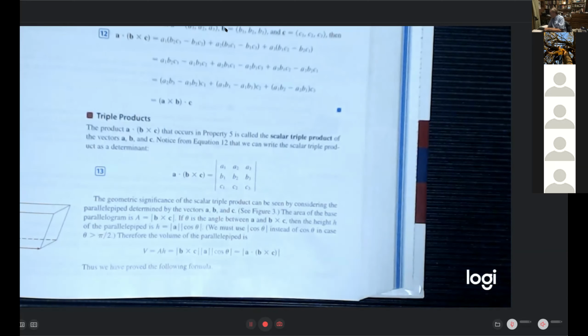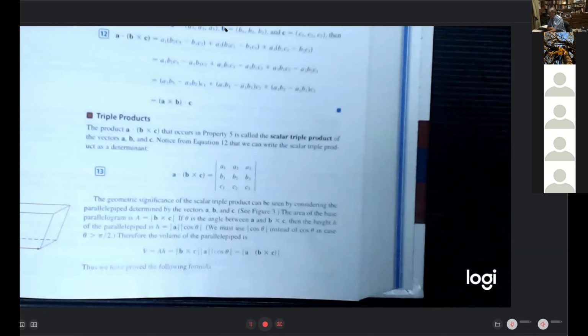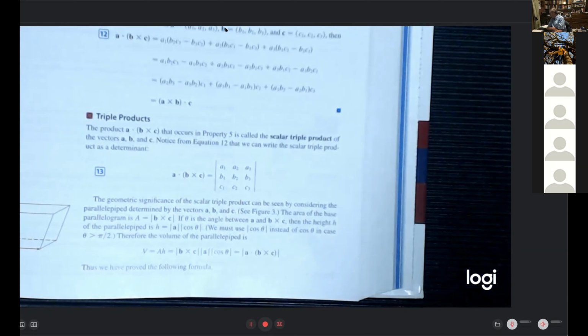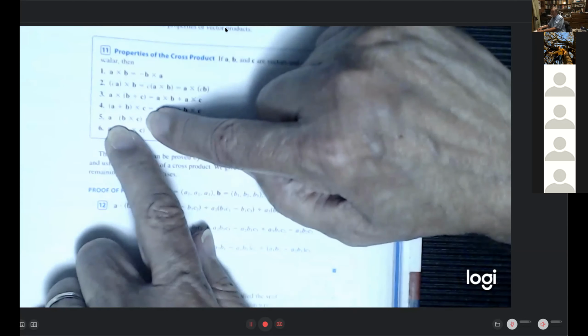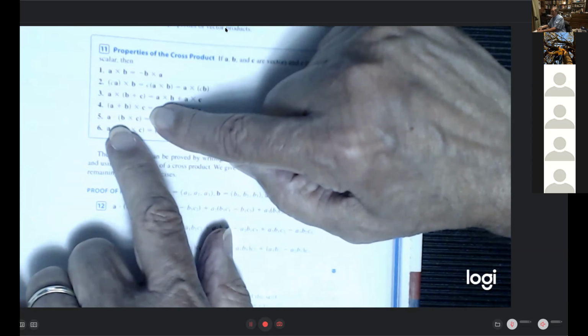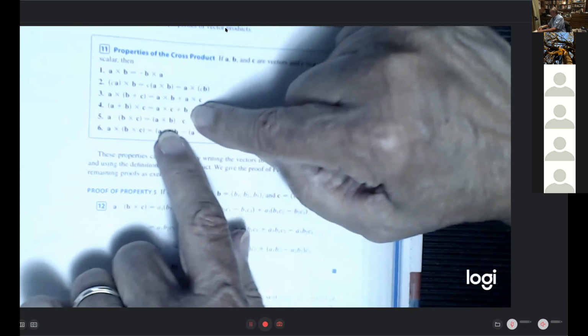And that's why things like number 5, which is off the page right now, are equal. So if you look at number 5 again, if A dot B cross C is the determinant of the matrix where A is the first row, B is the second row, and C is the third row, then what would this one be?